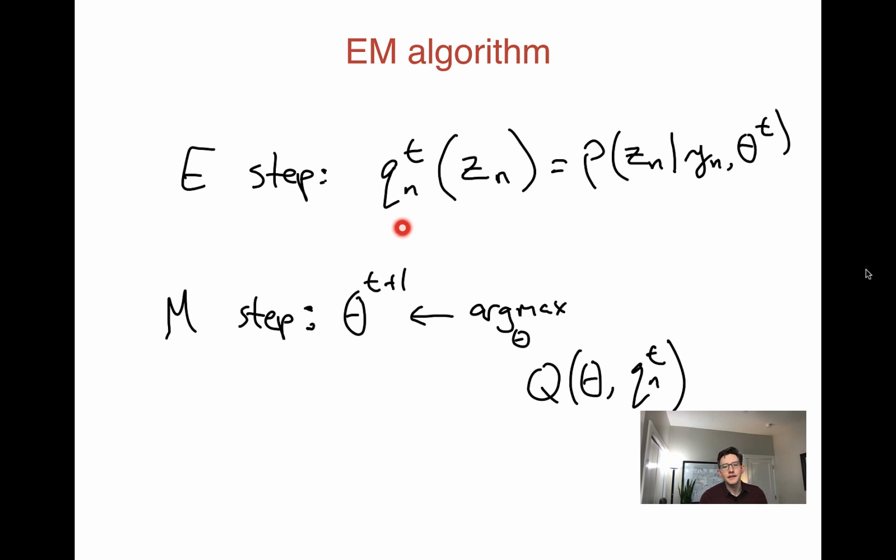Then Q of n is some probability density function. So it's a mapping essentially of each possible real value to some probability. You can't represent that explicitly. So what we have to do is find sufficient statistics, or some values where, given those values, we can define what this function is.